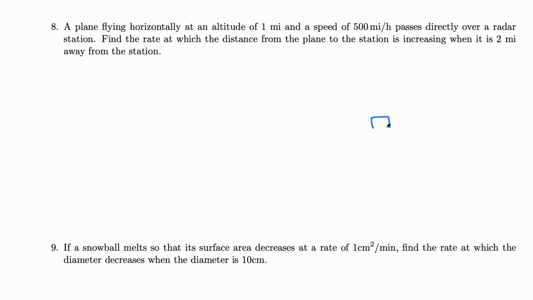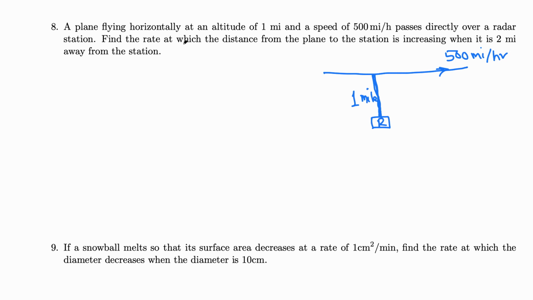Okay, here is the radar station and the plane is just flying 1 mile above this one, and it's going at the rate of 500 miles per hour. That plane passes directly over a radar station, so somewhere like this.